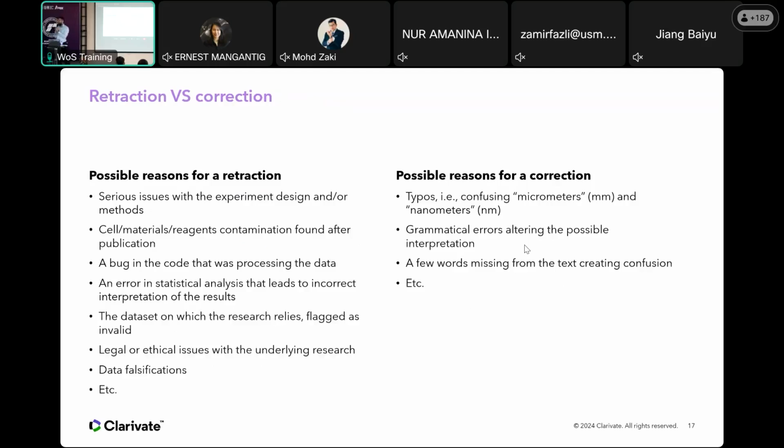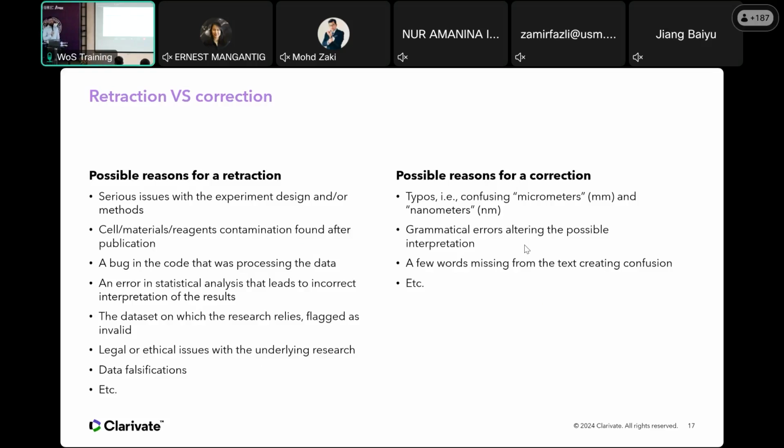It is also important to understand that not any mistake qualifies for a retraction. So if you just confuse millimeters and nanometers in your document, which kind of changes the idea of the document, but not that harshly. It was just a typo, so that would be covered by correction.